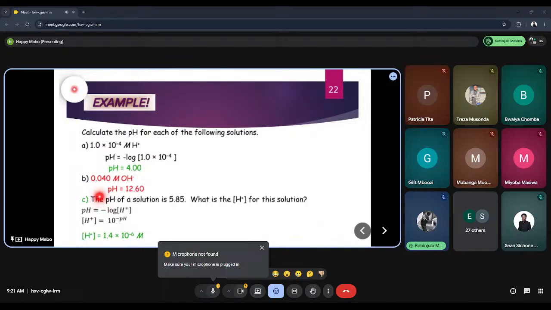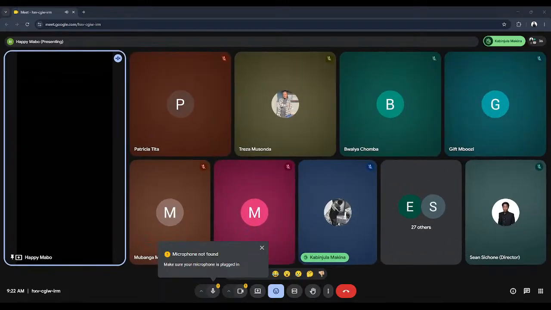So when you're dealing with expressions that are logarithmic in nature, how do you find the relationship between a logarithmic function and an exponential function? This pH equation is given as a logarithmic function. So how do you change it to an exponential function for you to be able to find the concentration of hydrogen ions?